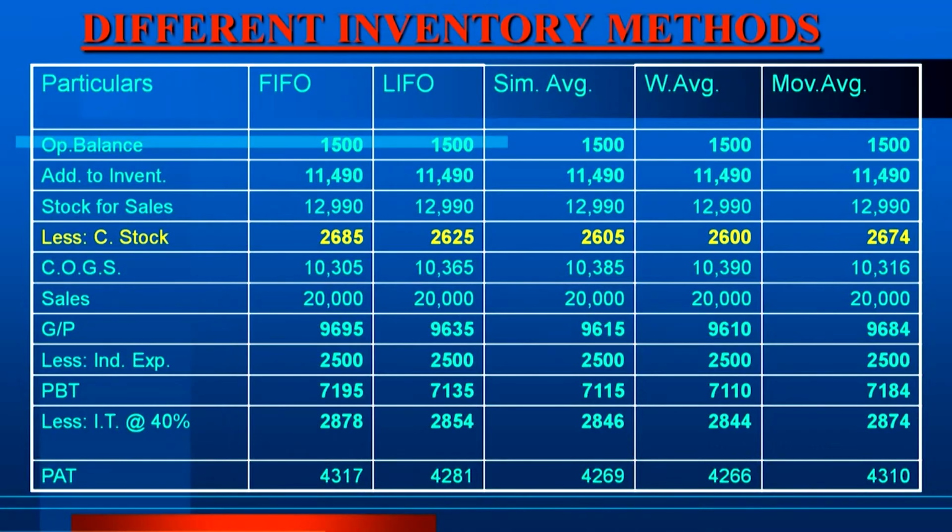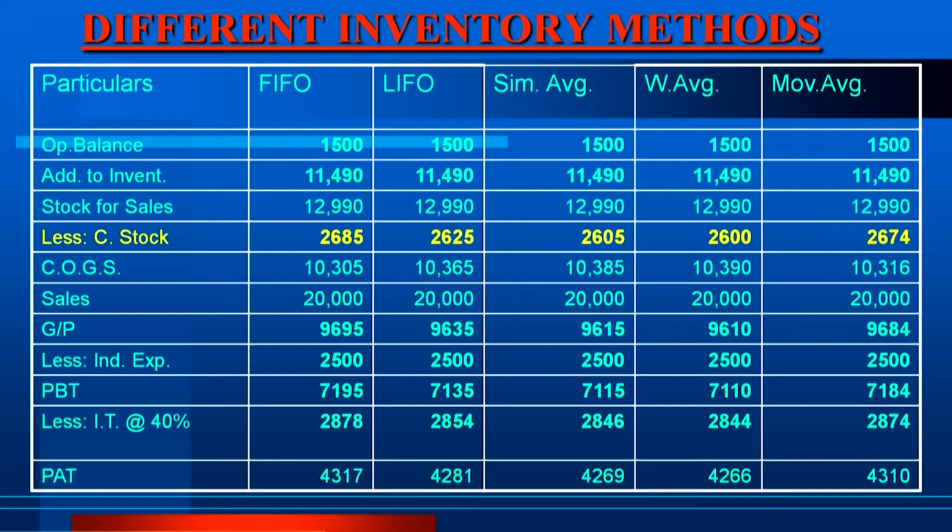Now you see that we have a table here and we have different methods of valuing inventory. We have FIFO, LIFO, simple average, weighted average and moving average. Five methods are there, which we have seen here.